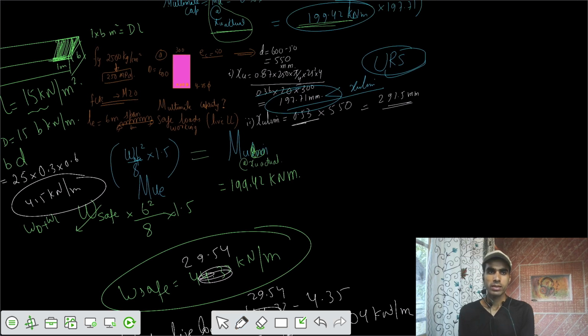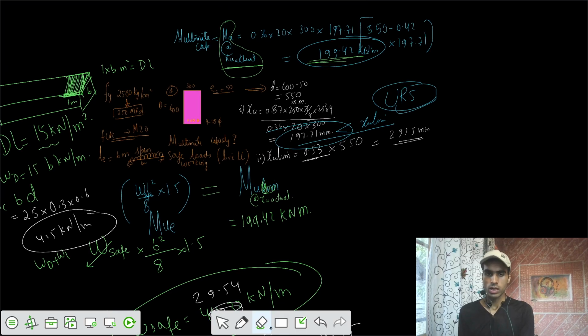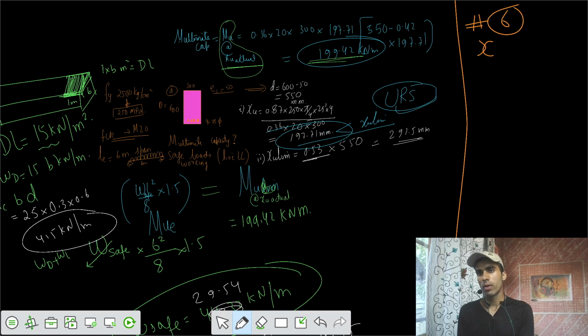In problem 6, the condition was that XU was coming to be greater than XU limiting. The difference between this problem and that problem number 6 is that in that case, our actual neutral axis location was greater than XU limiting.